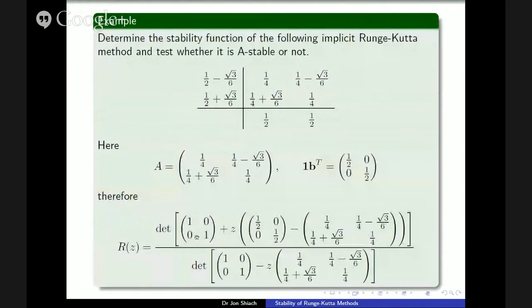Identity matrix plus Z multiplied by I B minus A, that's on the top, so that's your N(Z). Your D(Z) is simply identity matrix minus Z times A. Remember Z is h lambda, but that doesn't really matter. We always quote our stability function in terms of Z.